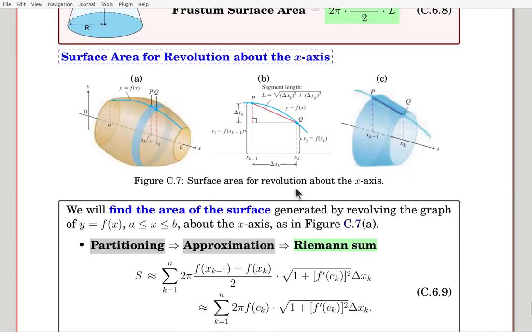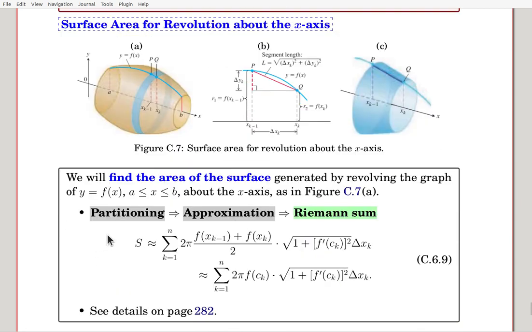So here the strategy is to start with partitioning and approximation by straight lines, and then for each partition we have a frustum, and the surface area of the frustum must be computed.